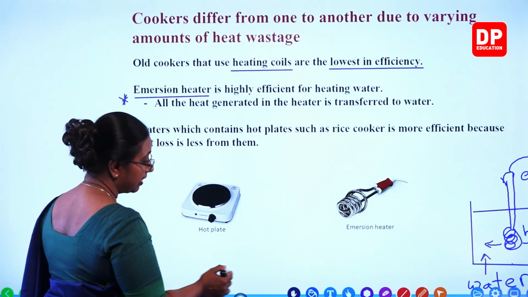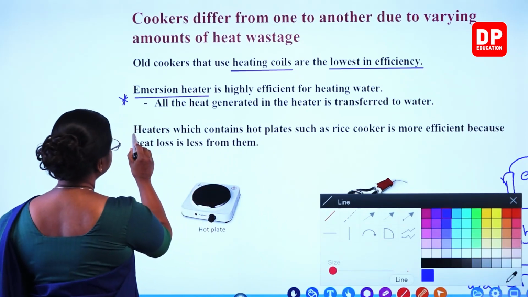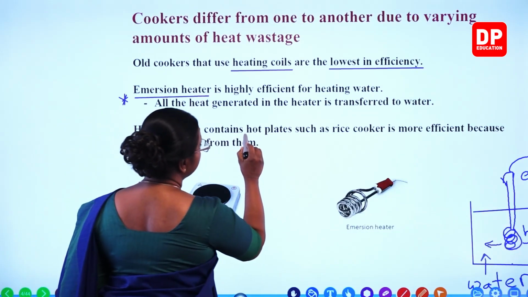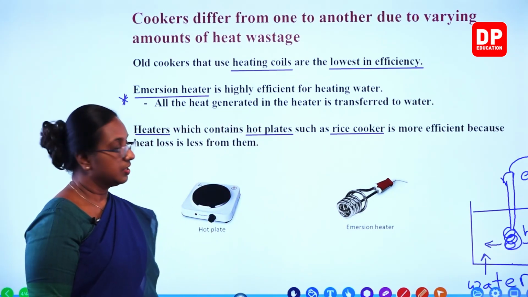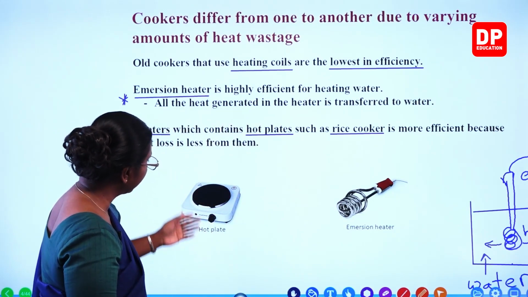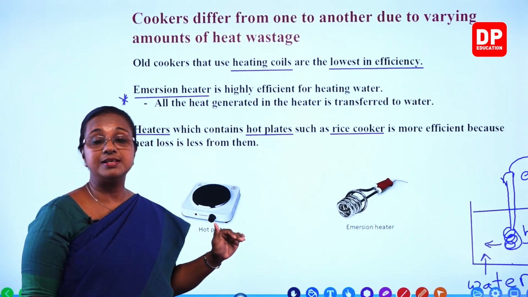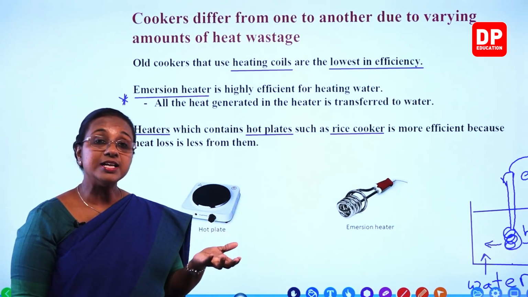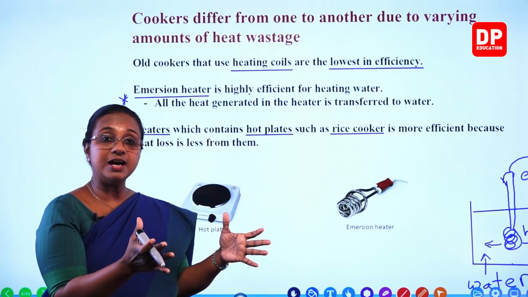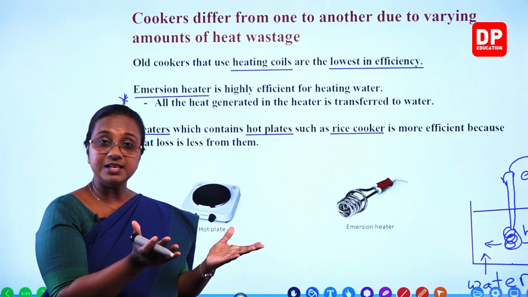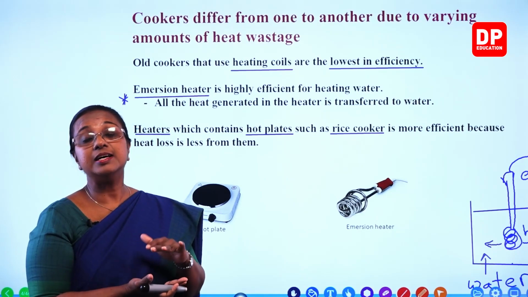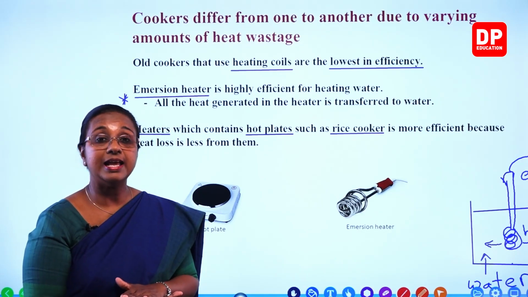So again, different types of heaters. Heaters which contain hot plates, such as rice cookers. So here this is a normal hot plate on which you can keep a vessel and cook. Now rice cookers, you have the cooking jar, you have the outer cover, inside you keep the cooking vessel, but below that is the hot plate with the heating element.